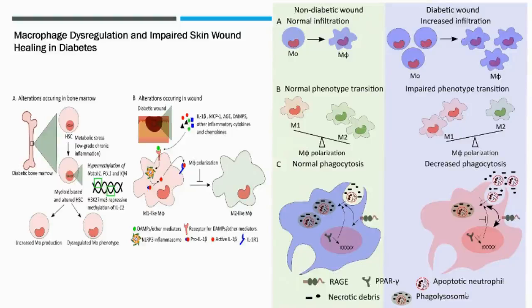So that low-grade chronic inflammation induces a different kind of myeloid bias in the diabetic hematopoietic stem cells, leading to the increased production of macrophages that are differentiated in a particular way.